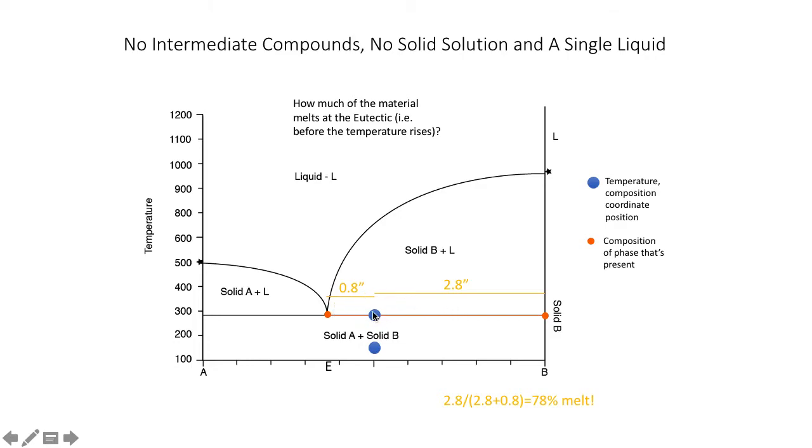Because at this point, once we cross, we only have solid B. This is what it says in this field, solid B and liquid. So all of the A went into this melt, but we also put some B in there as well, right? Because if we put only A in it, it would have had a composition over here, but it has a eutectic composition. So we disappeared all of the A that we had and some of the B, enough, whatever amount we needed to get this particular composition.